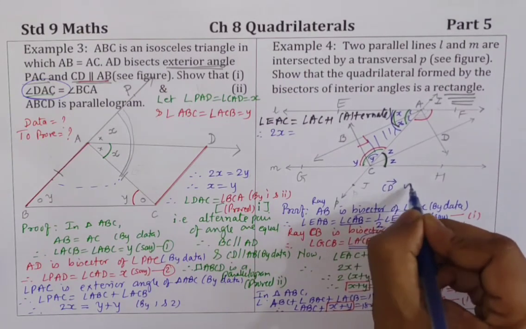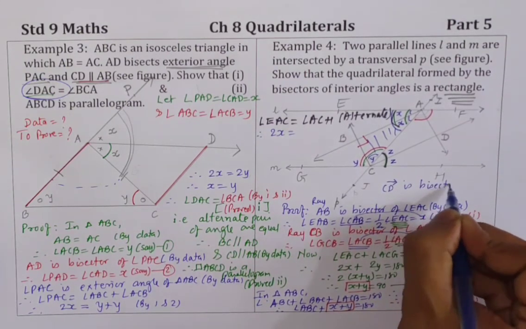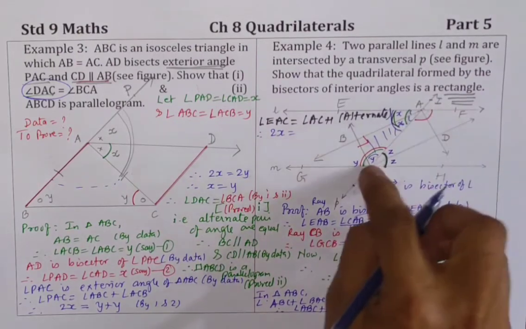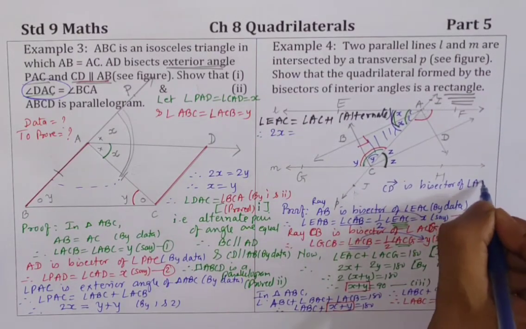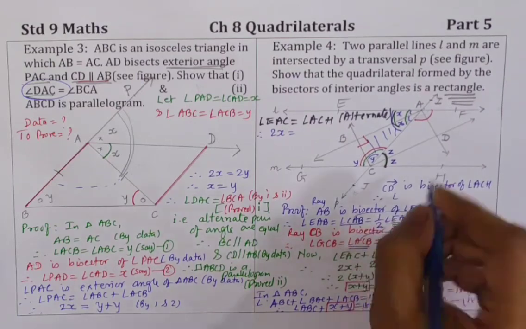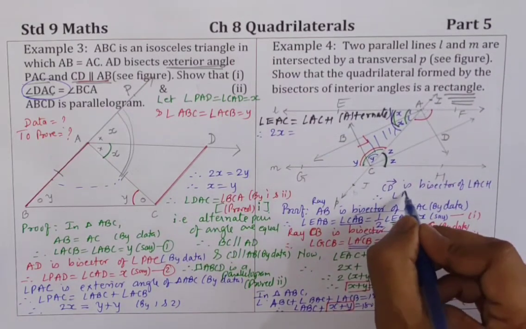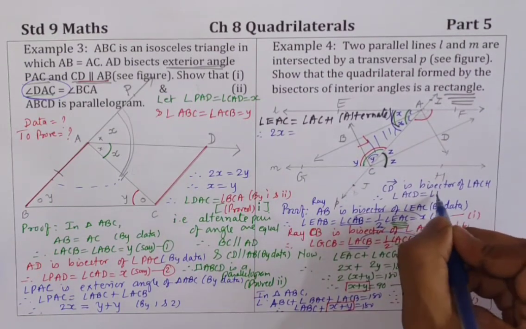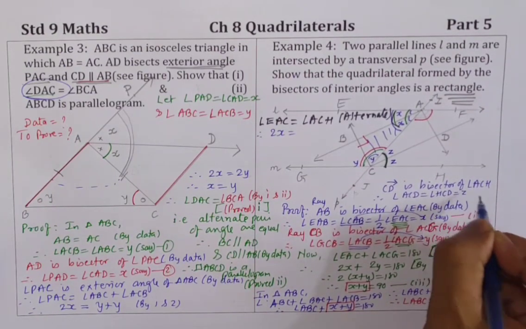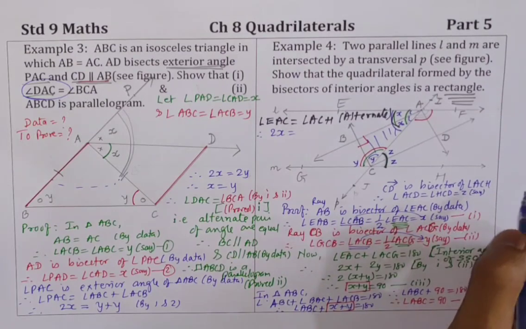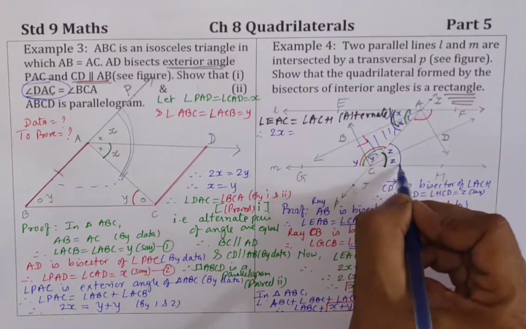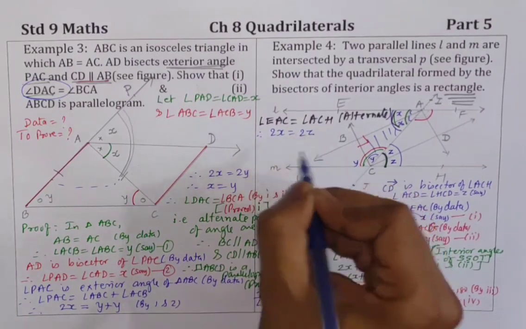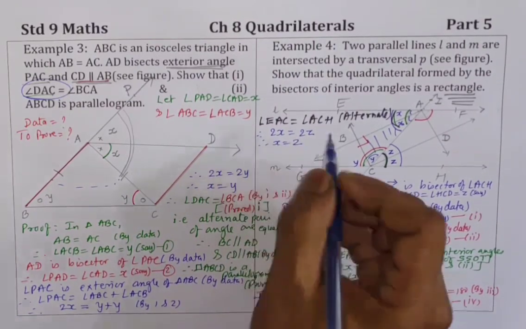Ray CD is bisector of angle ACH. Therefore, angle ACD is equal to angle HCD. Angle HCD equal to Z. All right. Okay. So here ये पूरा एंगल 2Z होगा. Correct. Therefore, x is equal to Z.